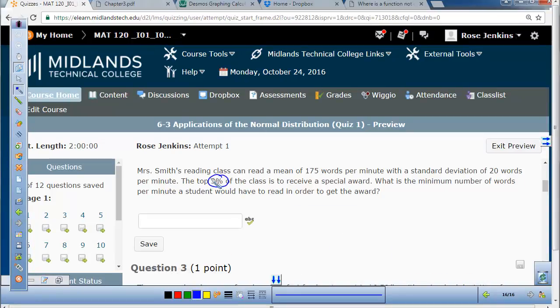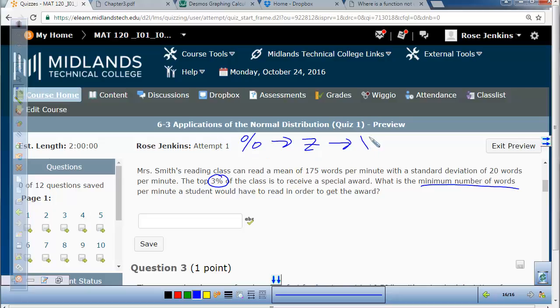And what they want us to find is the minimum number of words. They want us to take this back to an x value. So this time we're given a percentage. We're going to convert that to a z-score and then convert it to an x value using x equals x bar plus z times s.